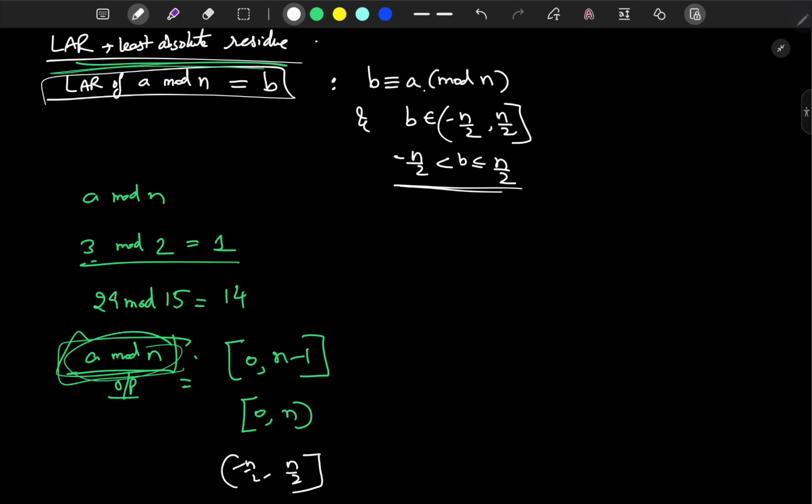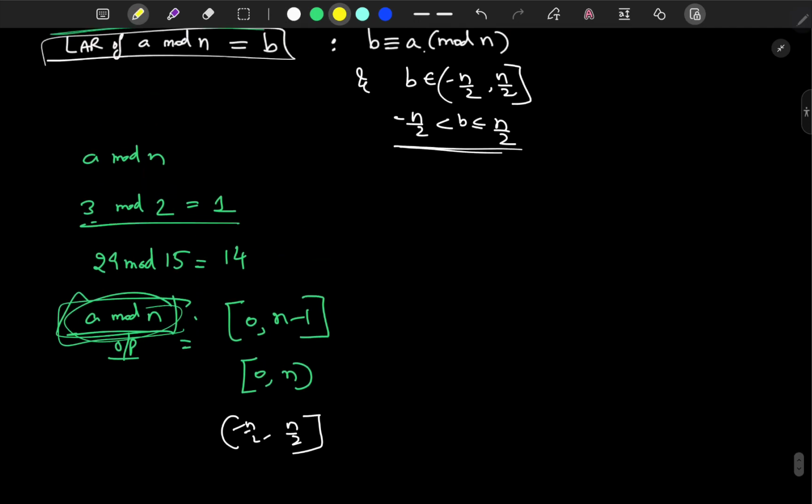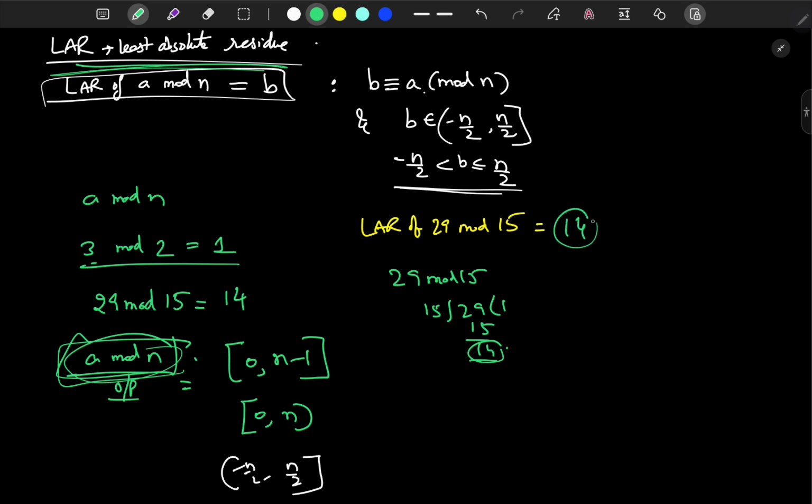So if anyone asks what is the LAR of 29 mod 15, first calculate normally: 29 mod 15 gives 14.